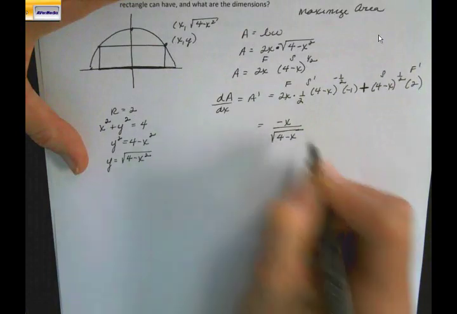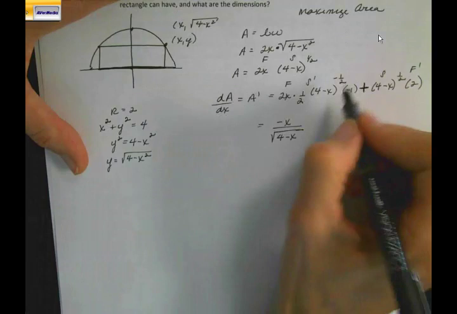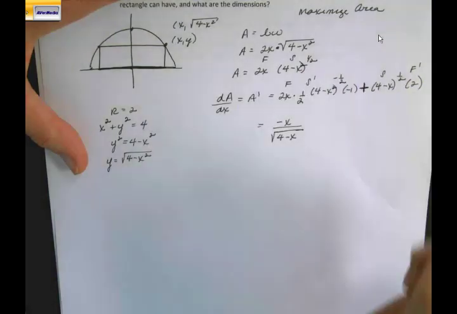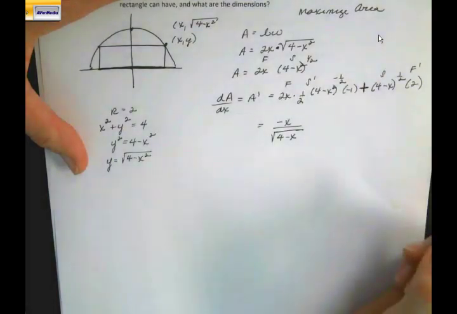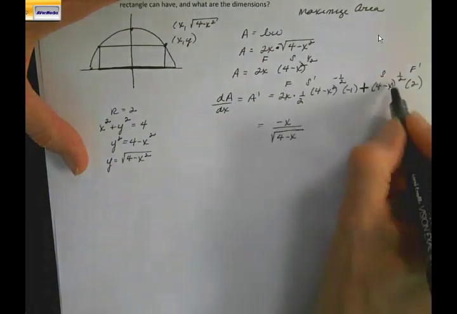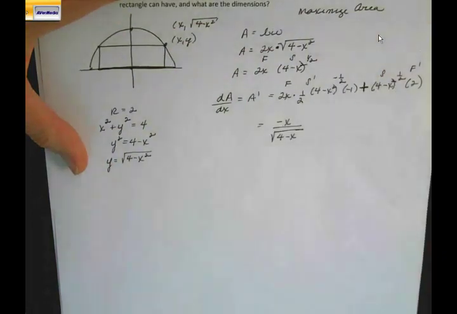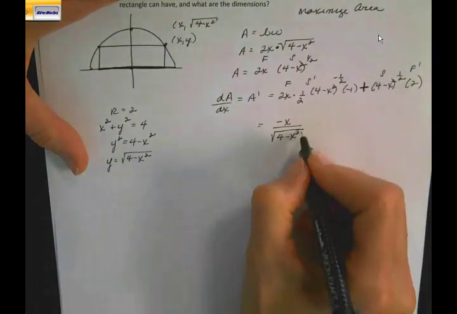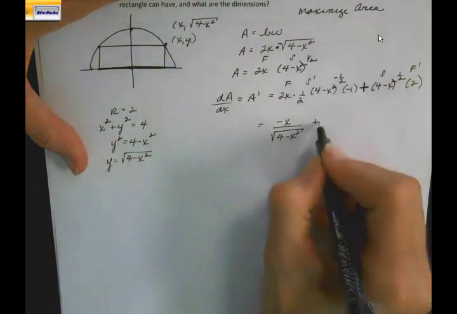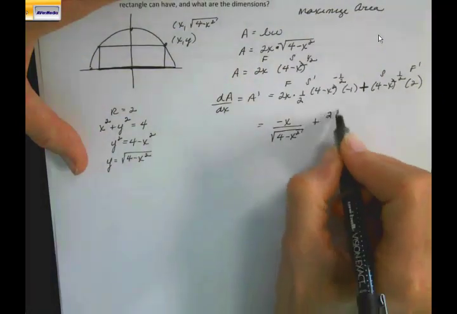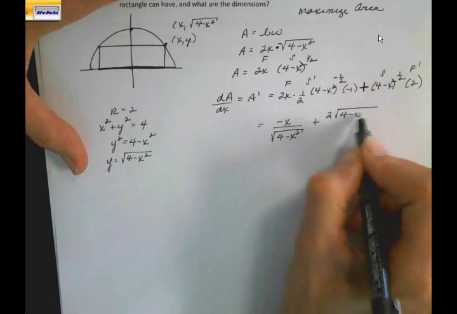Am I missing a sign here? 4 minus x squared. Yeah, x squared, plus 2 times the square root of 4 minus x squared.